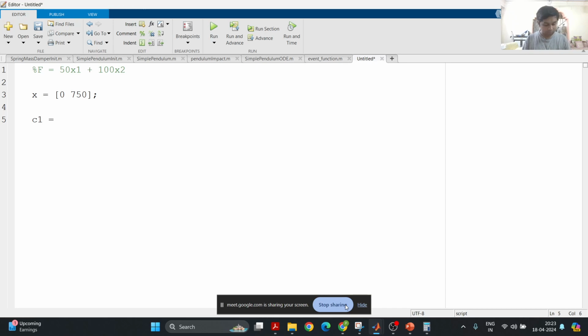Our first constraint was basically 10 x1 plus 5 x2 is less than or equal to 2500.